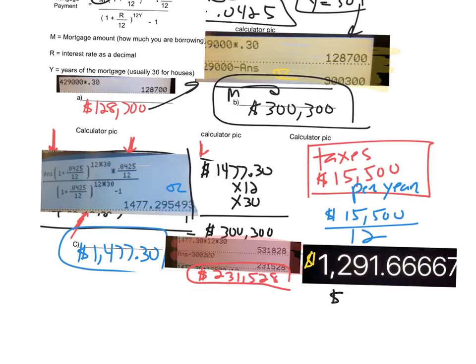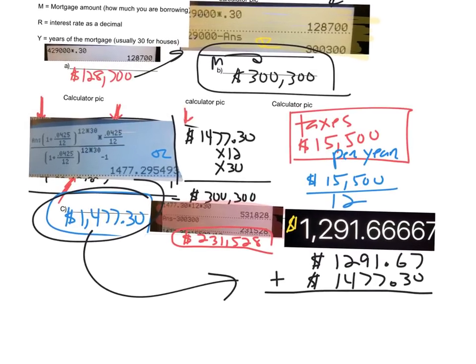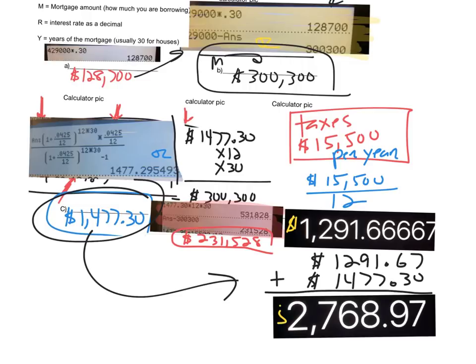So per month, the taxes are $1,291.67. We'll take that and now add the monthly mortgage payments, the $1,477.30, which means if you decide to go with this North Baldwin house, per month, you're paying $2,768.97. So that's how much you pay in the North Baldwin house.